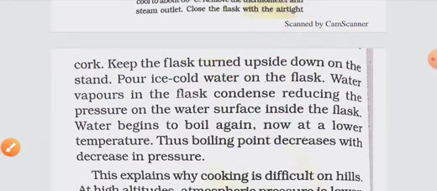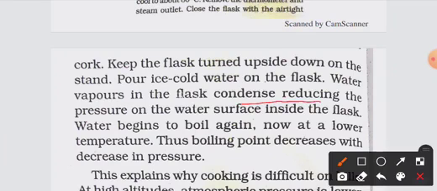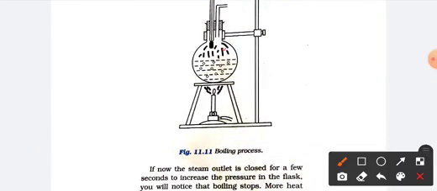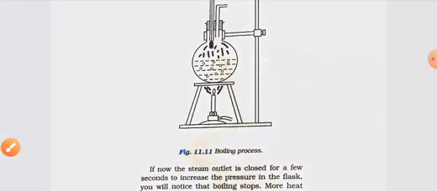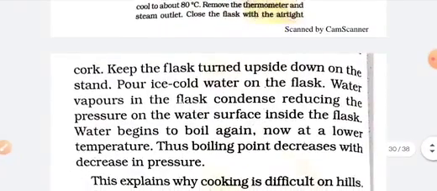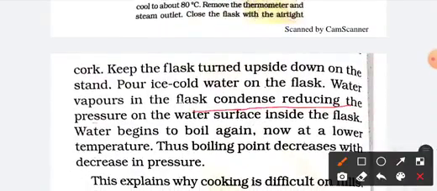Due to that, water vapors in the flask will start condensing. Previously the water vapors had increased the pressure, but now that the water vapor is condensed, the pressure will be decreased. So water vapor in the flask condenses, reducing the pressure on the water surface inside the flask. So water begins to boil again, now at a lower temperature.